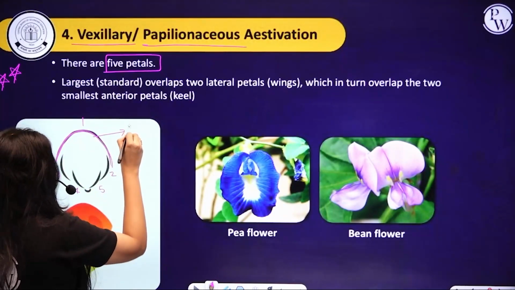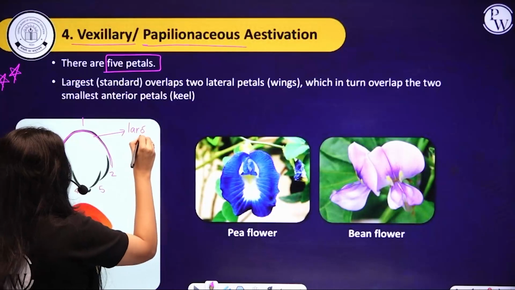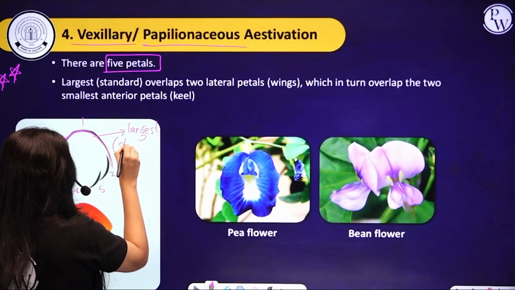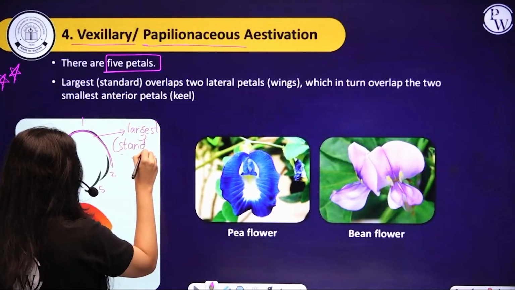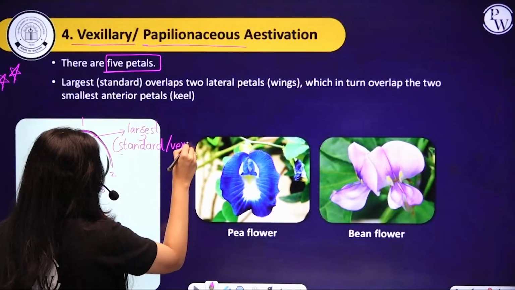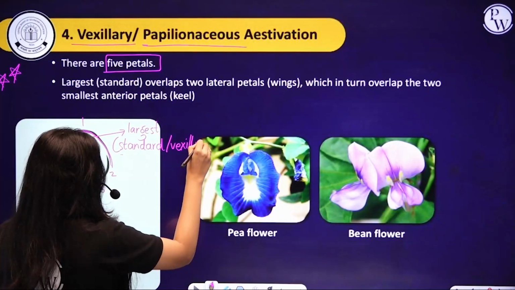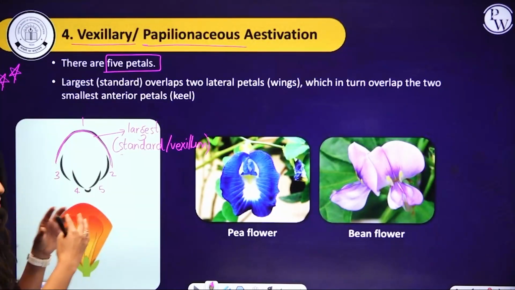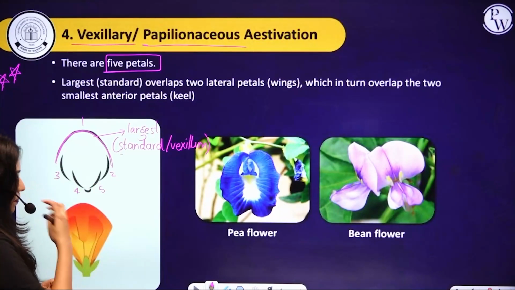this largest petal is called standard or vexillum. So this is the largest petal of the 5.